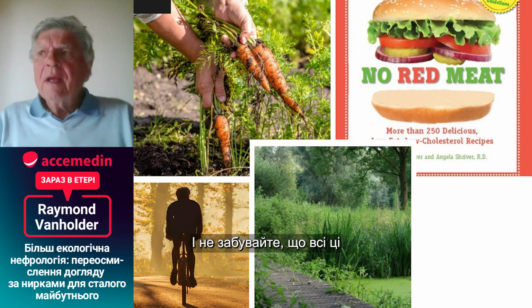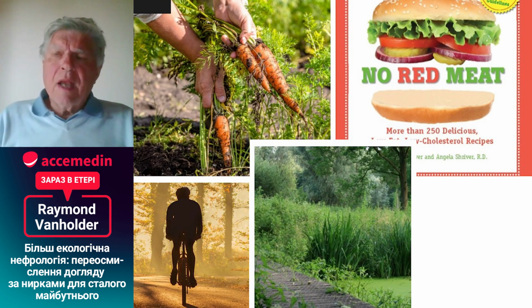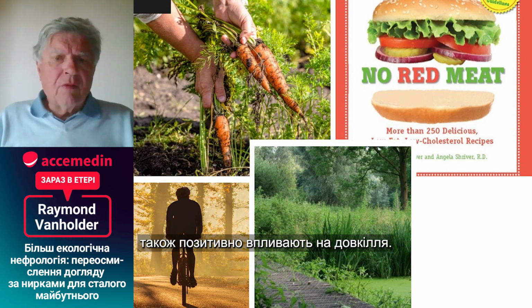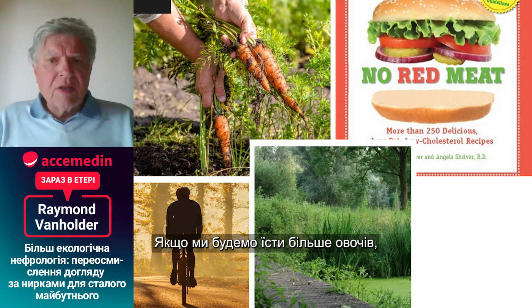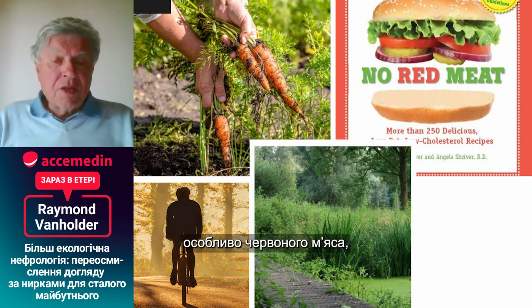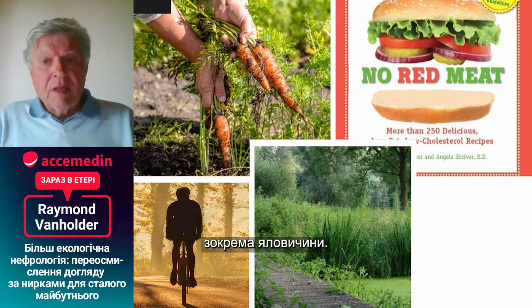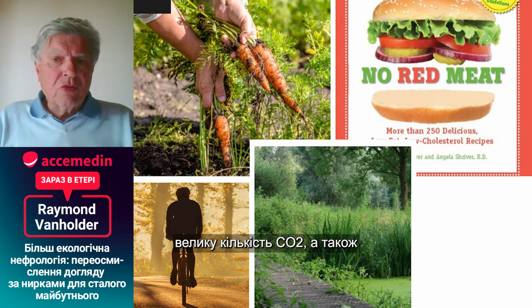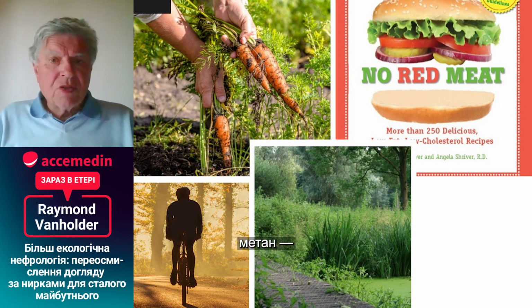And we should not forget that all these lifestyle measures also have a positive impact on the environment. If we eat more vegetables, then there is more greenery. And on the other hand, there is less meat consumption, and cattle in general, but especially red meat, which means beef, are producers of a lot of CO2 and also methane, which is an even stronger greenhouse gas.